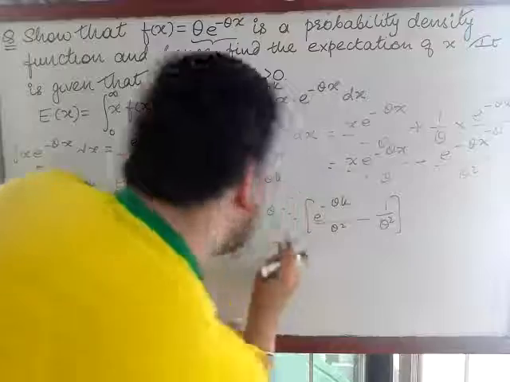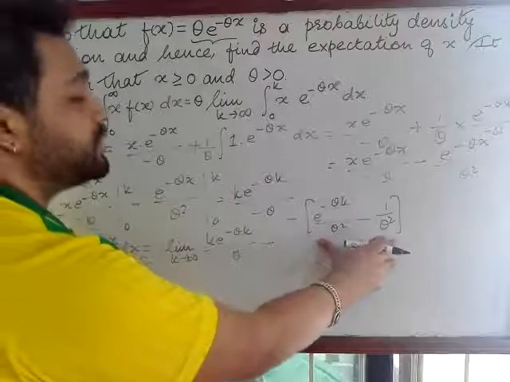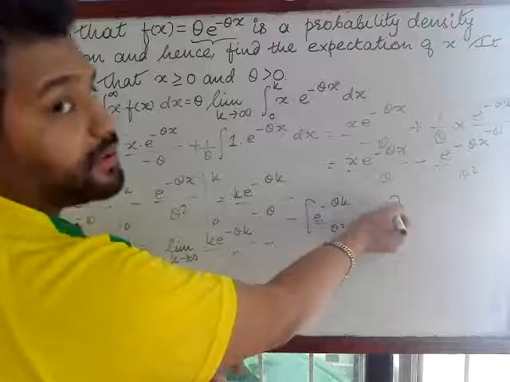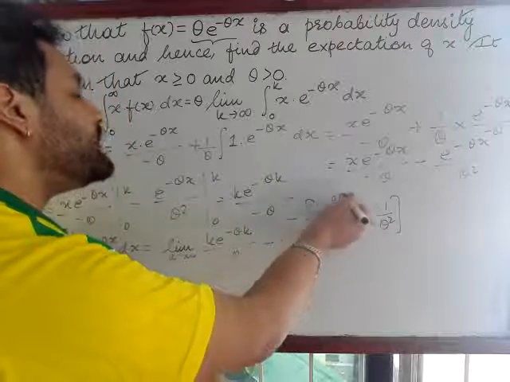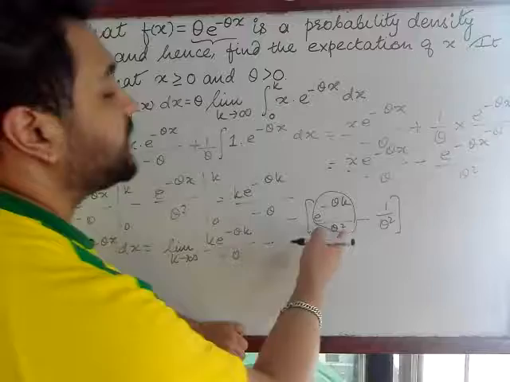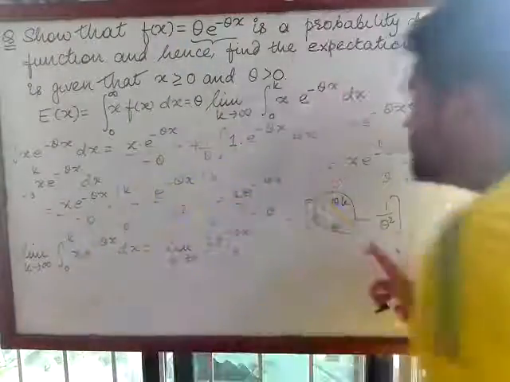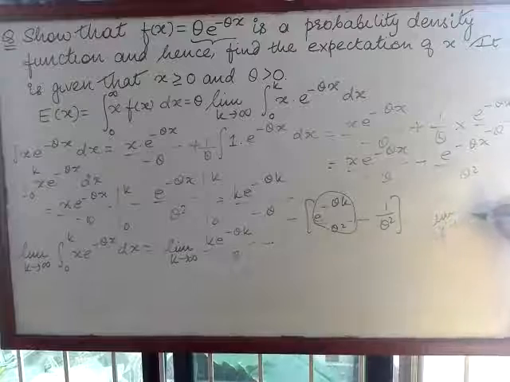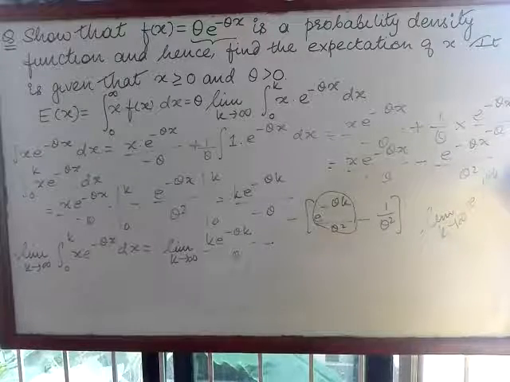We do not need to apply the limit to the other part because it's independent of k. And if we apply the limit here, just like before, the limit as k tends to infinity of e to the power minus theta k will be 0.